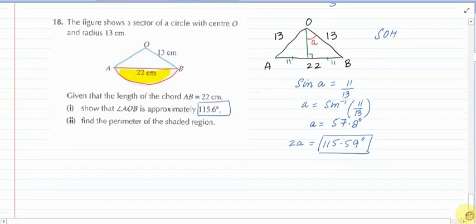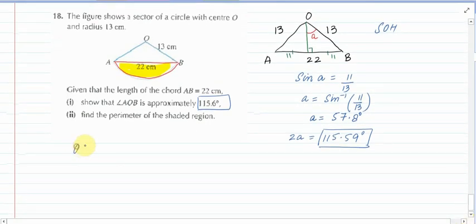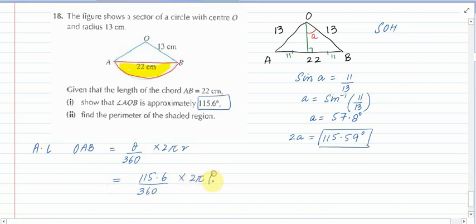For the arc length of OAB, apply the working formula: angle divided by 360 multiplied by 2 pi r, and the angle is 115.6 divided by 360 multiplied by 2 pi r, right?